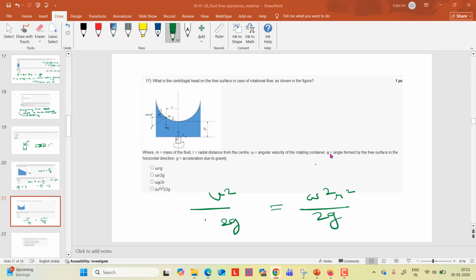So the free surface, this is coming from dz by dr, that is from the balance of centrifugal and gravitational force.